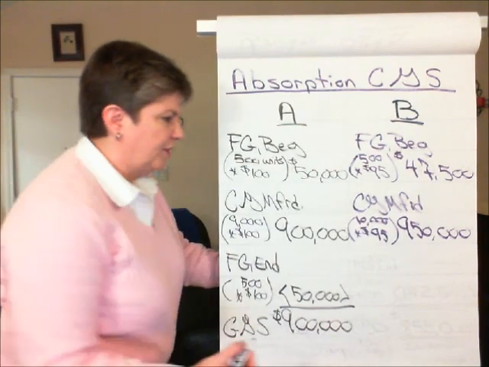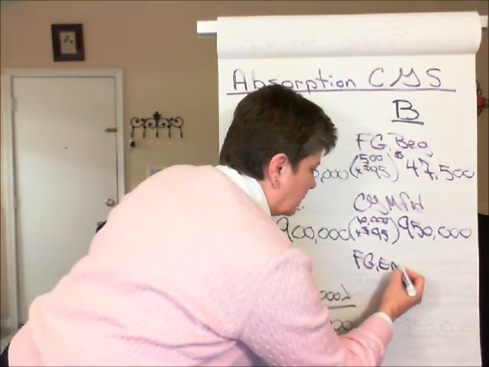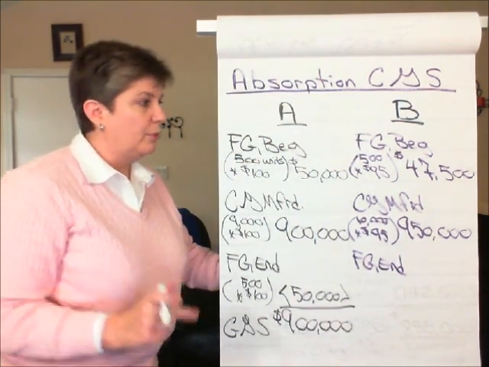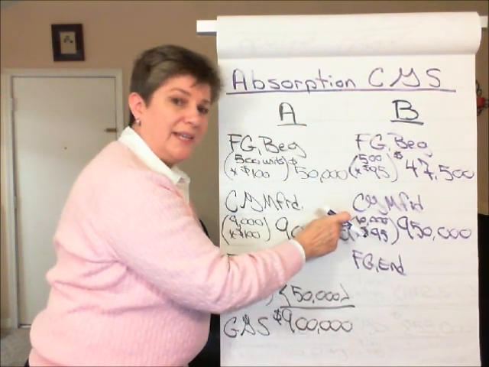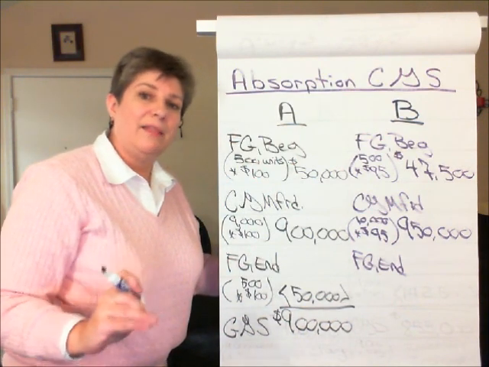And our finished goods ending inventory would also be costed out at $95, but remember we had 500 in beginning, we produced 10,000 and sold only 9,000.